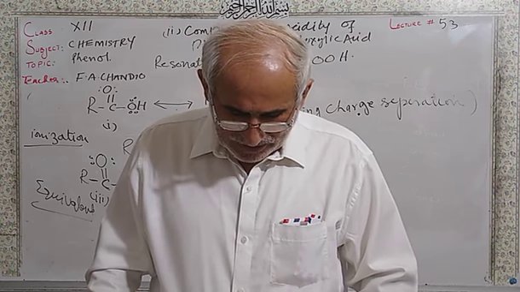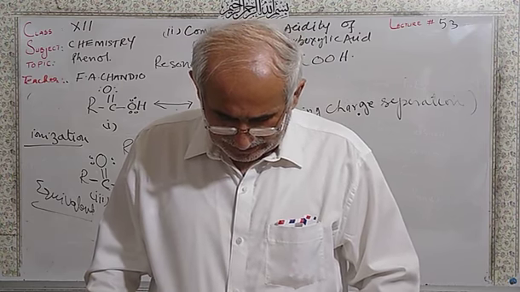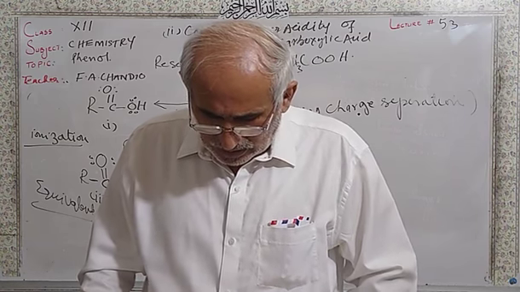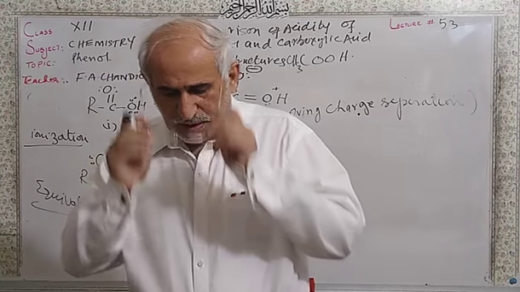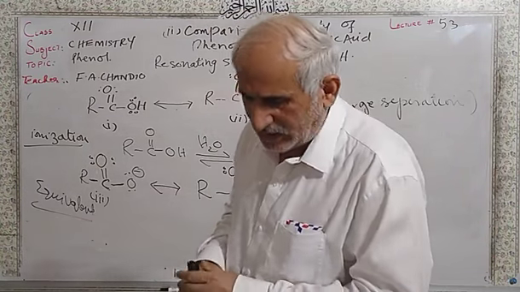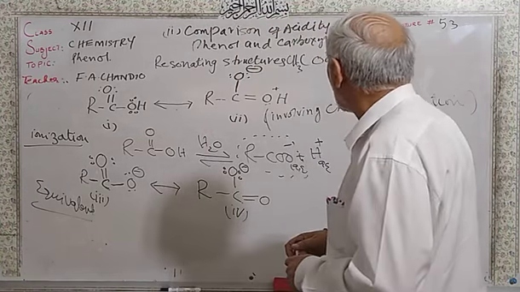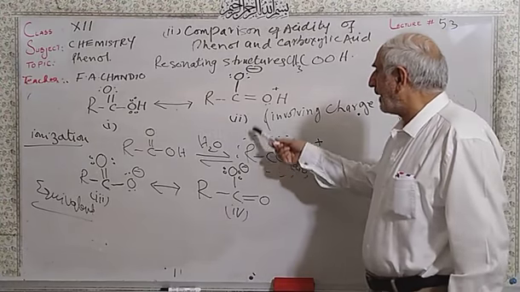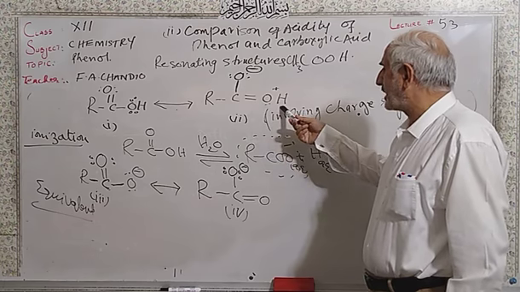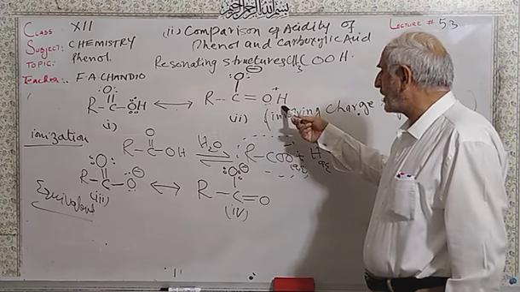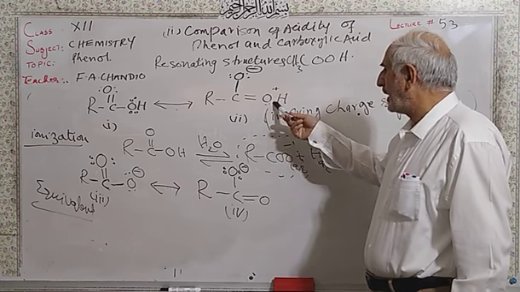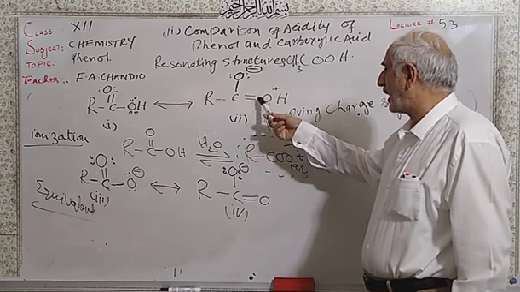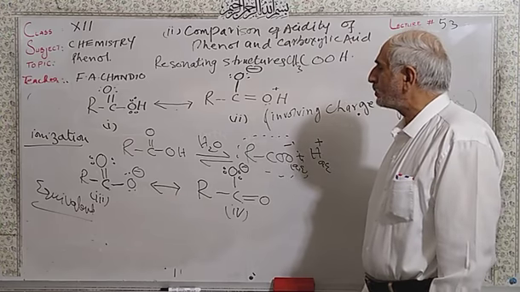Thus, carboxylic acids have a tendency to ionize to form the more stable carboxylate ions by giving up protons. Before ionization, the resonance structures 1 and 2 are unstable.